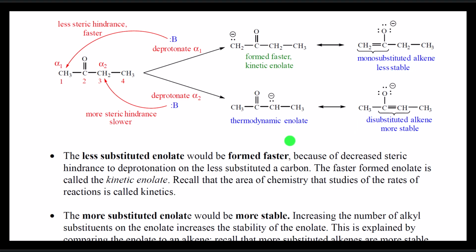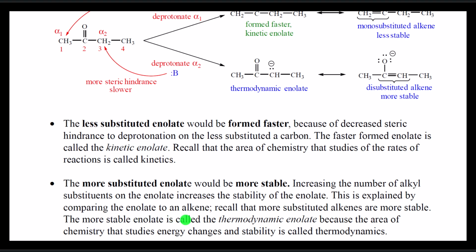In contrast, if we look at deprotonating at alpha 2, the enolate would form a resonance structure in which the double bond is disubstituted. Disubstituted alkenes are more stable. They have a lower potential energy. So therefore, we would expect that this enolate overall should be more stable.